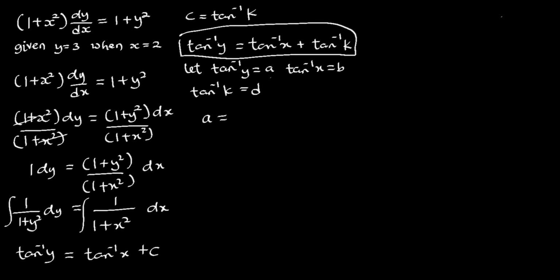Tan inverse of x is B, and tan inverse of k is D. So that would be A equals B plus D.